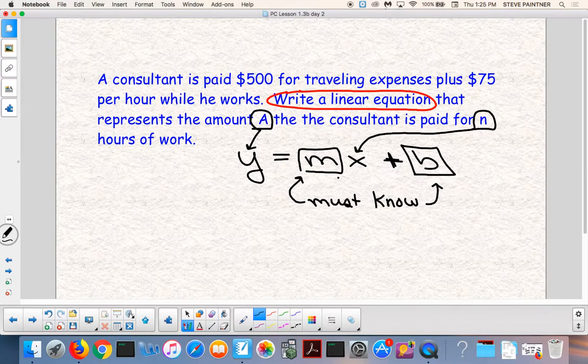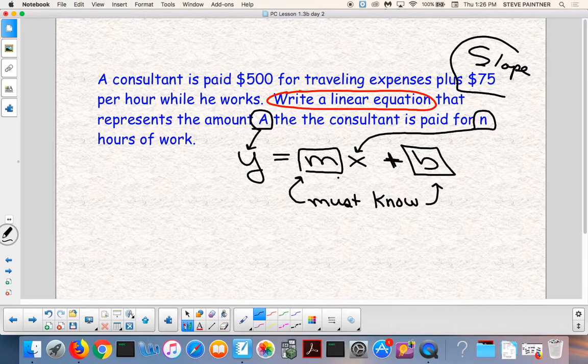Good. Okay, now the question becomes, to write an equation, I need the slope and I need the y-intercept. Do I know either one? Which is which? 75 is what? Slope. How did you know that was the slope? Per hour. And you should think like this, visually, ready?